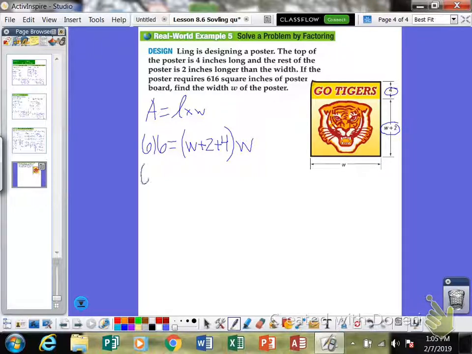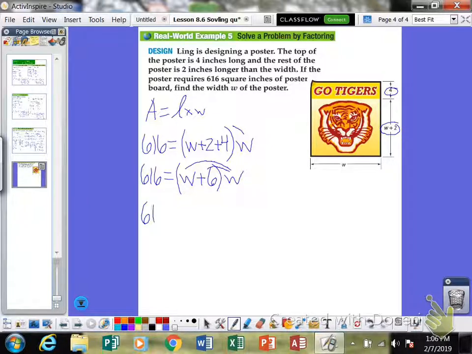So now we solve. I have 616 equals, I'm going to distribute this. Well, before I distribute the W, I'm going to combine like terms within the parentheses. So I have W plus 6 times W. Now I want to distribute this W into the parentheses.